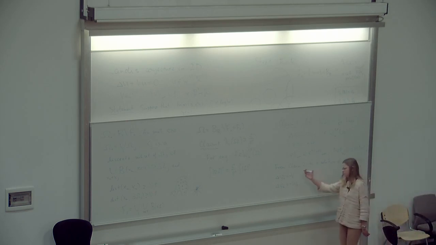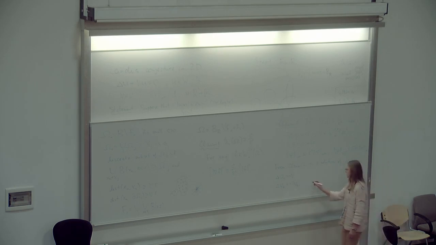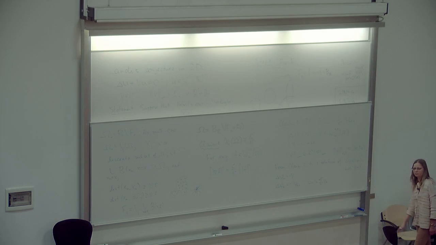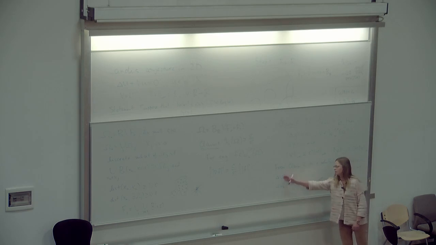And then you can check that the series converges, and your function is just 1 plus the sum from 0 to infinity of phi k. You apply the Laplacian, one will disappear, you have Laplacians of those, and it will give you exactly minus v times the function itself. So Laplacian phi plus v phi is equal to 0.